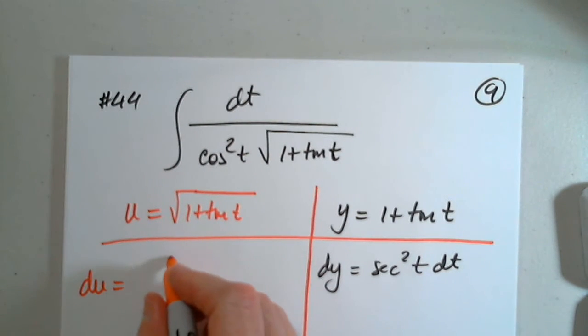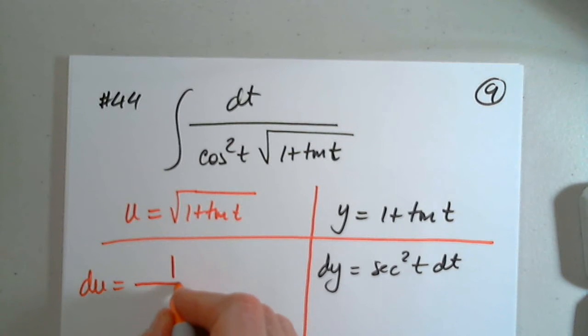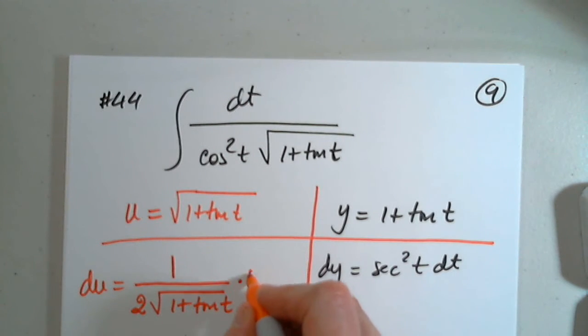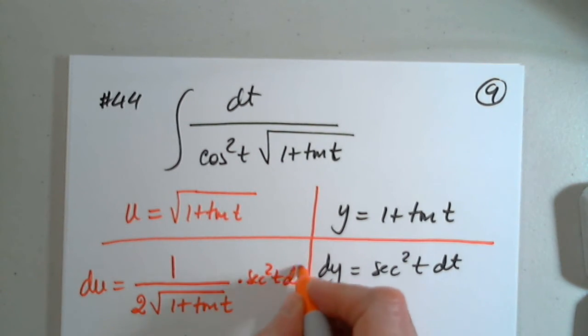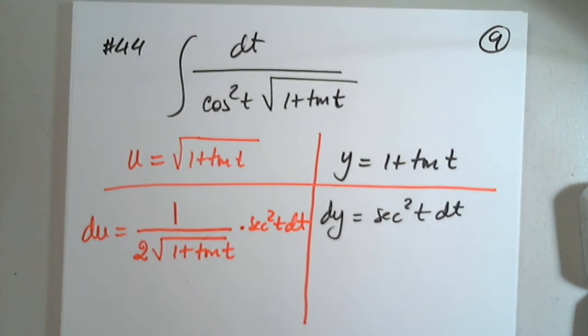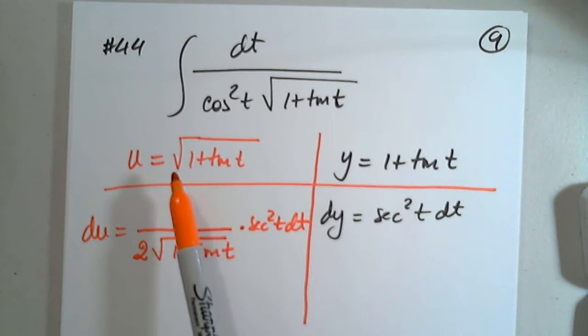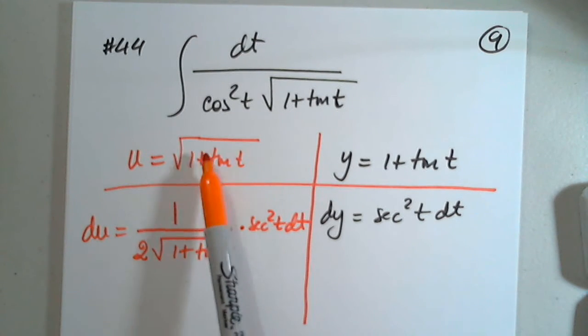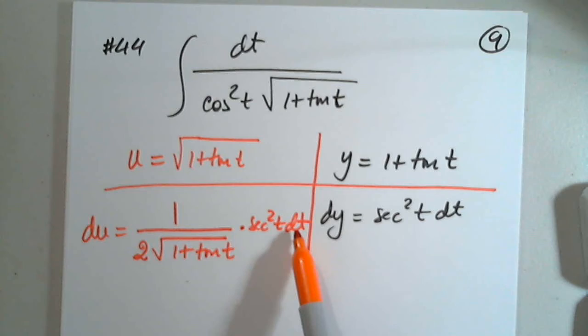That's secant squared t over 2 times the function. I just put the thing on top. Okay, perfect. So you already did that. So we have the square root of a function prime, which is 1 over 2 the square root of that function, times the inner function prime, secant squared dt.